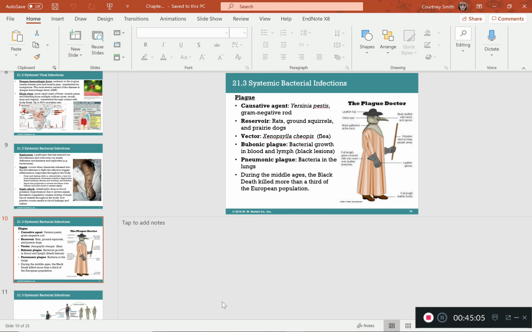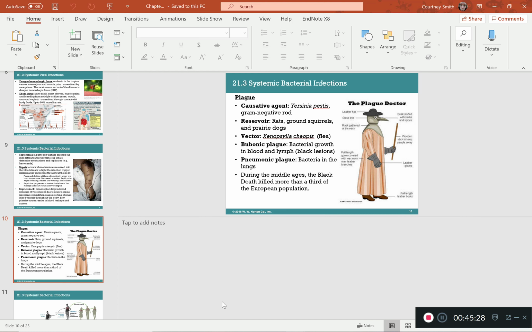A flea will jump onto the patient and then the flea will bite. At that point, the bacteria from the flea got onto the person. And then depending on that, you might get two presentations, either bubonic or pneumonic plague.